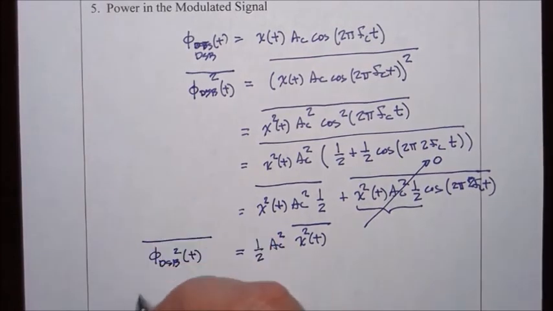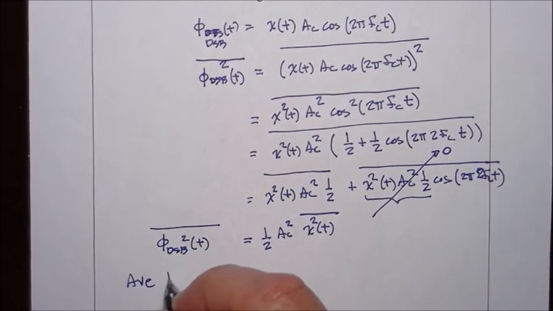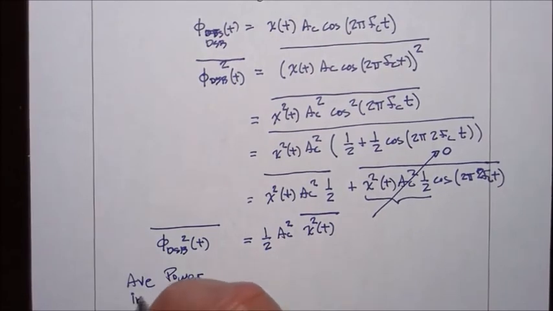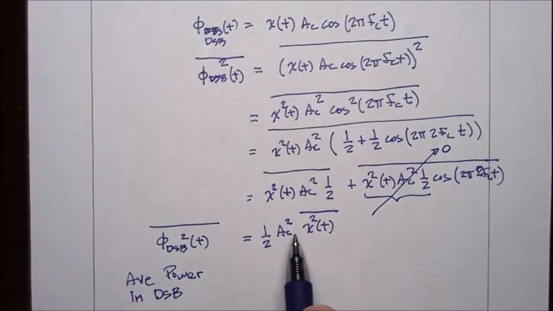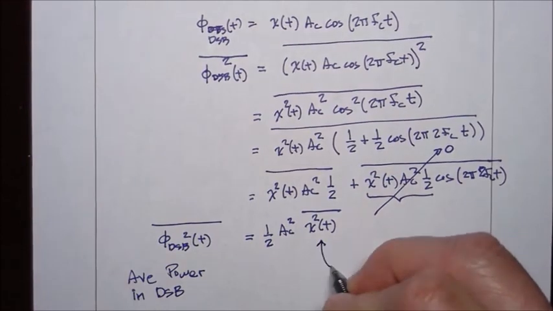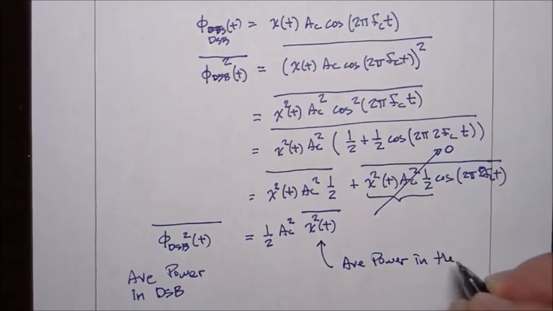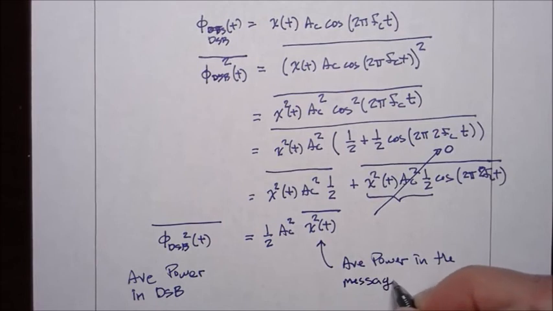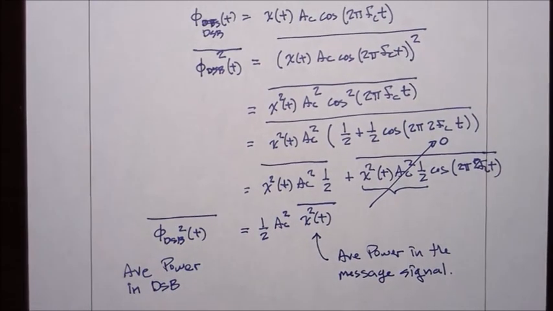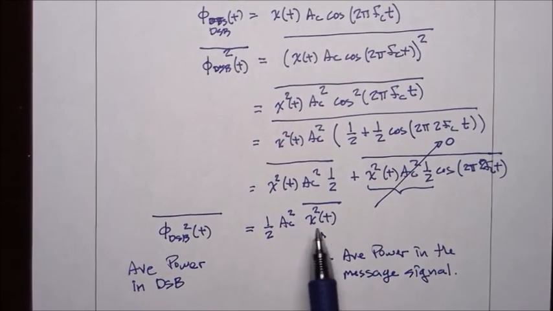This is the average power in the double sideband signal, equal to 1/2 AC squared times the average power in the message signal. We will come back to this equation and compare it with the results for the other modulation systems. So we'll remember this result.